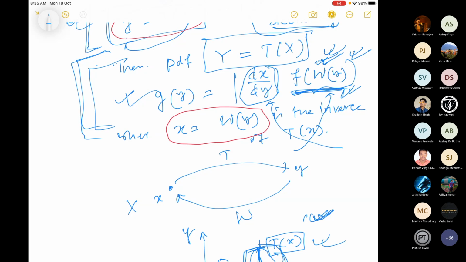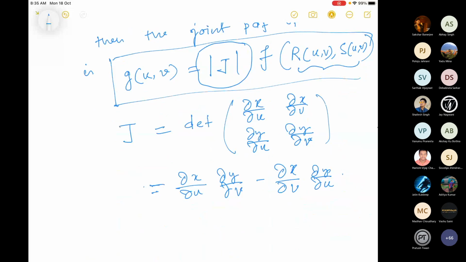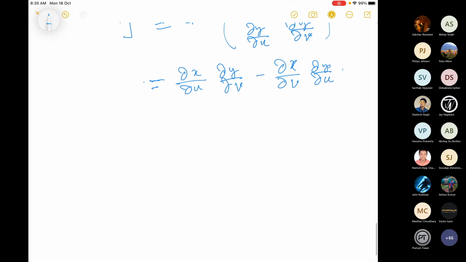Accordingly, you have the inverse, like w is the inverse there; here you have two inverses, r and s. So this is how it is defined, and that's how we can find the PDF. Let us first solve a problem, and then we'll see how it can be useful.